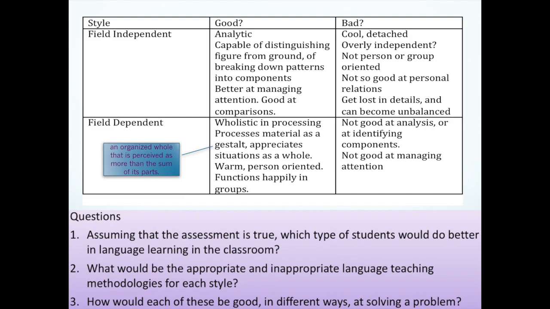Field-independent learners are more analytical, they are better at managing attention, and field-dependent people are more holistic in processing information, or they actually process material as a gestalt, meaning as an organized whole that is perceived as more than the sum of its parts.